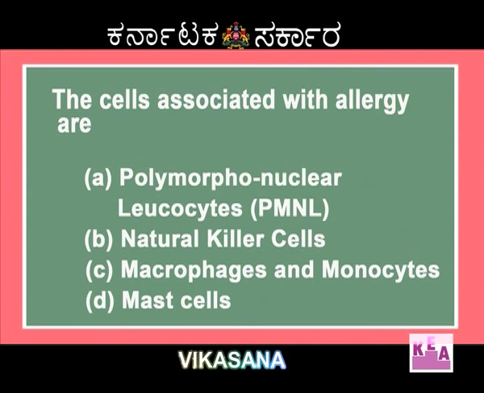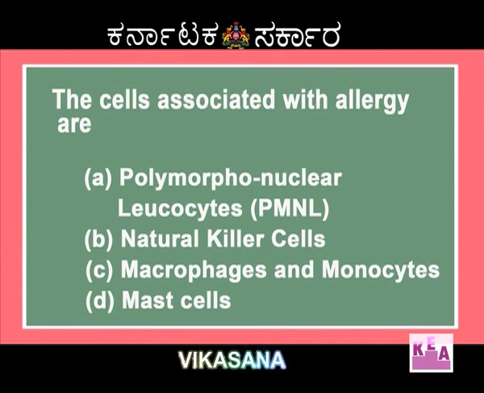Now we move on to the next question. The cells associated with allergy are, options are A. polymorphonuclear leukocytes, B. natural killer cells, C. macrophages and monocytes, D. mast cells. Let us look into the options.